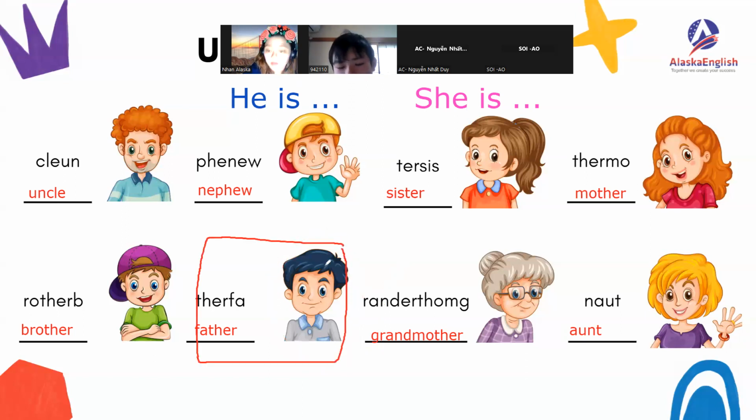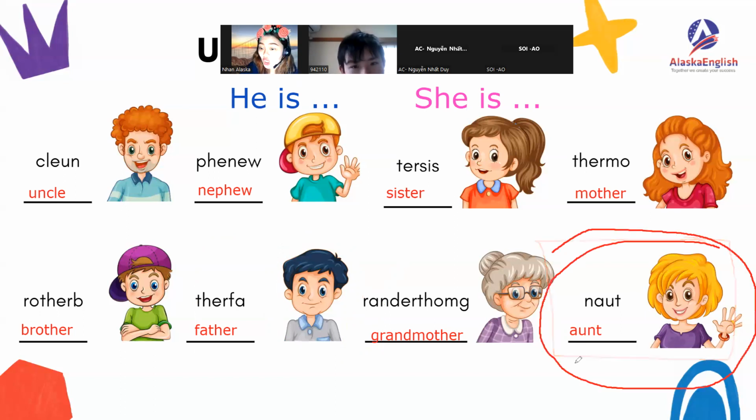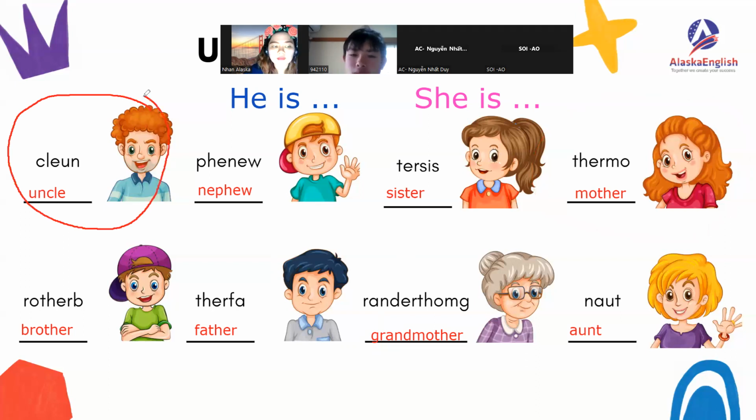He is father. How about this? Take a look. Is it he is or she is? She is aunt. How about the next one? She is mother. Good. How about him? He is uncle.